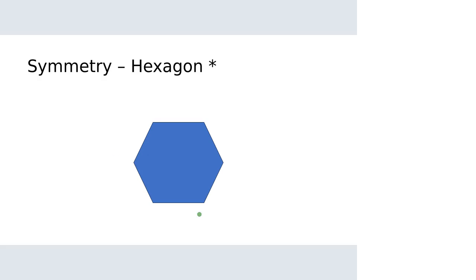So we start out looking for vertical line symmetry, and sure enough, if I draw a vertical line through the center of this hexagon, maybe better in the center, but you get the idea, we could fold it and it would land on itself. So we do have vertical line symmetry for this hexagon. And horizontal line, I could draw it right through there, and if we fold, it would land on itself.